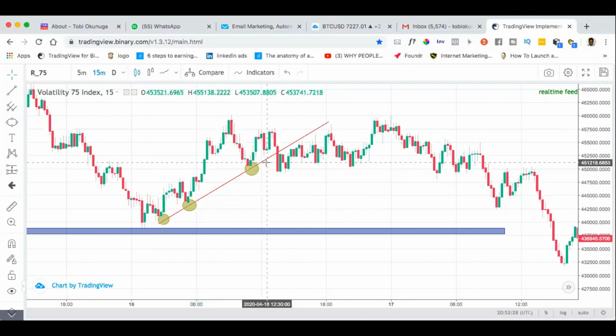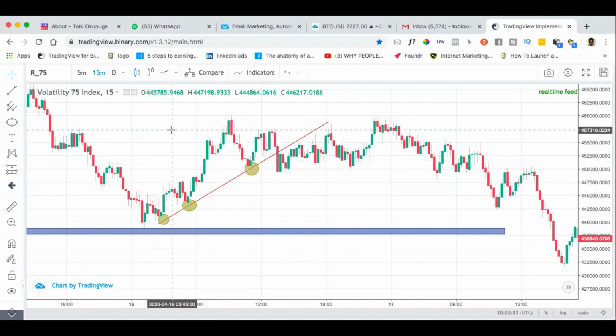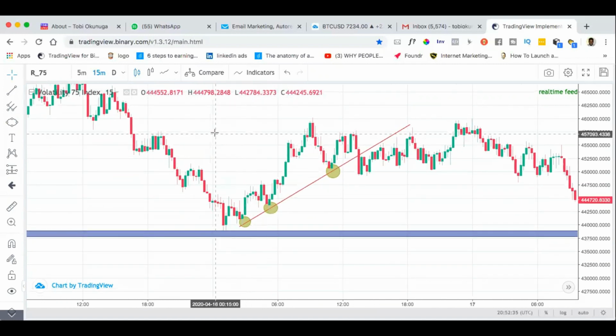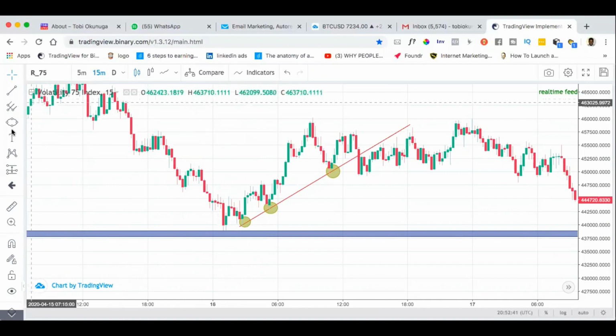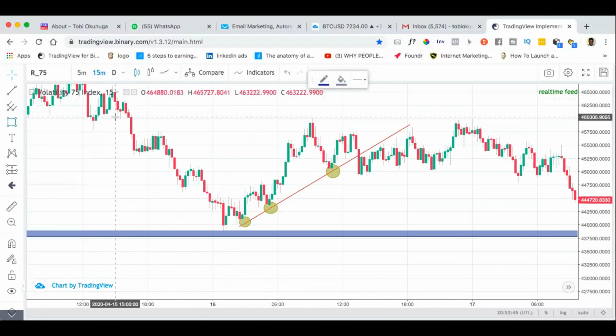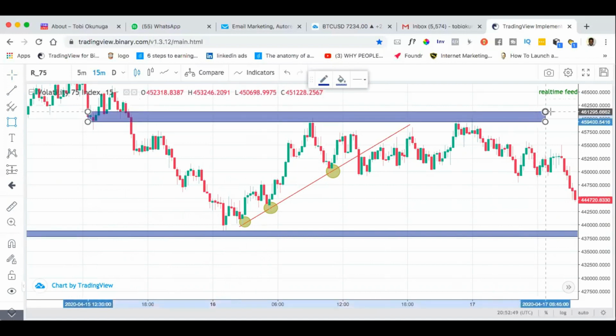So what am I looking for? This is a support, this is a resistance zone, as you can see over here. Resistance zone from the back here, and also this zone. Let me draw that so that we can follow the rules. This is a resistance zone, guys.